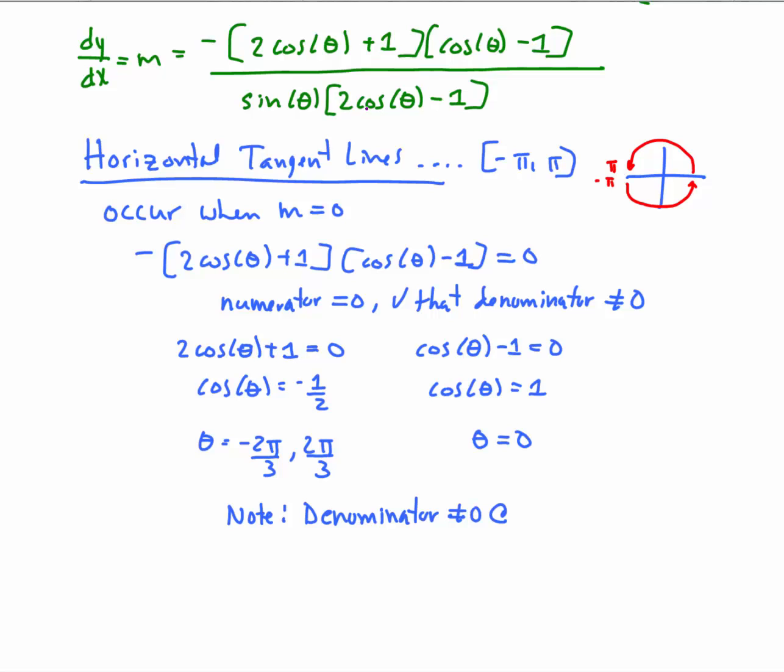That looks good. And if I plug in theta equals 0, sine of 0 is 0. Oh dear, so I do have a problem. So the denominator does not equal 0 at plus or minus 2 pi over 3, but I have a problem here. The denominator equals 0 at this point.